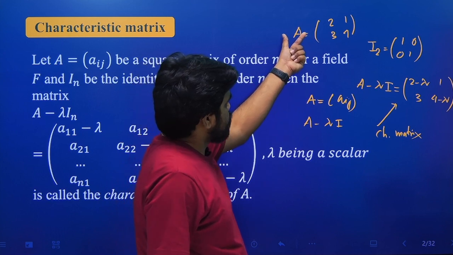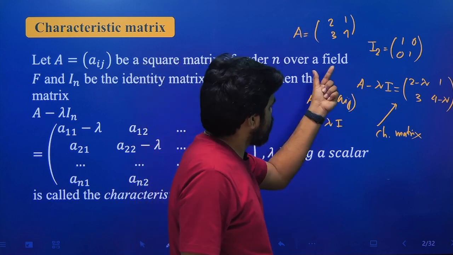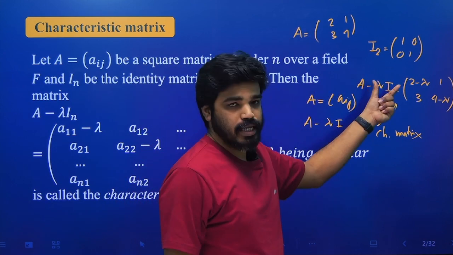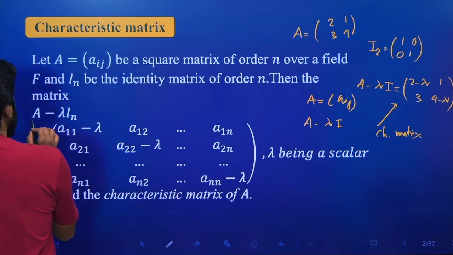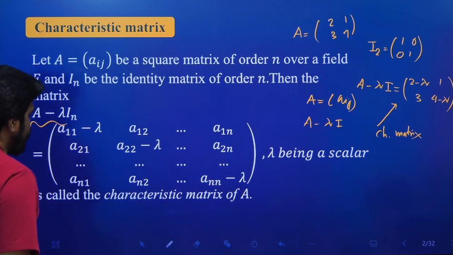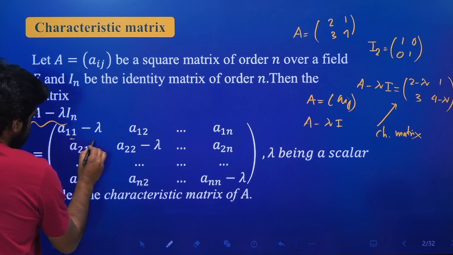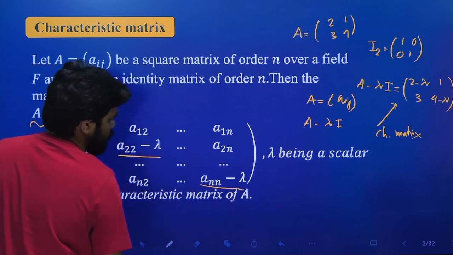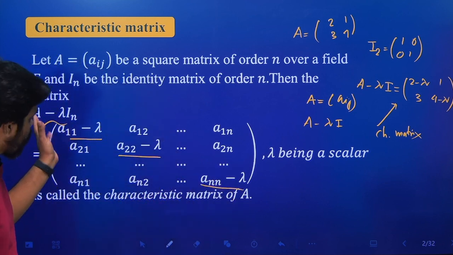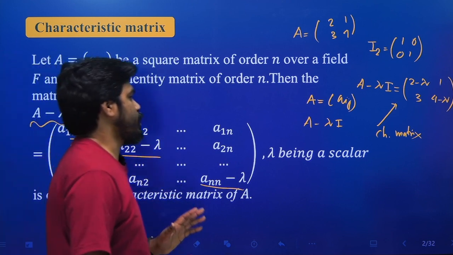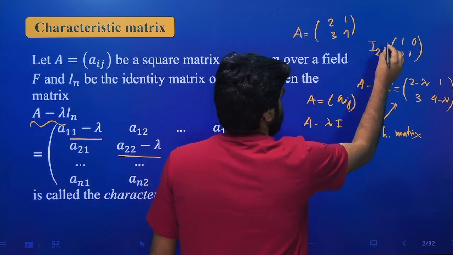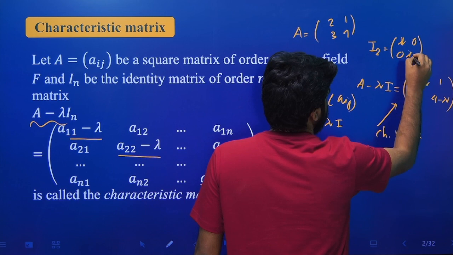Similarly, if we consider a 3 cross 3 matrix, you can calculate A minus lambda I. So for an n cross n matrix, that is A minus lambda I, just from the diagonal elements lambda is subtracted, all other remaining elements are the same. Why? If you multiply by lambda, just this will be lambda, this will be lambda.